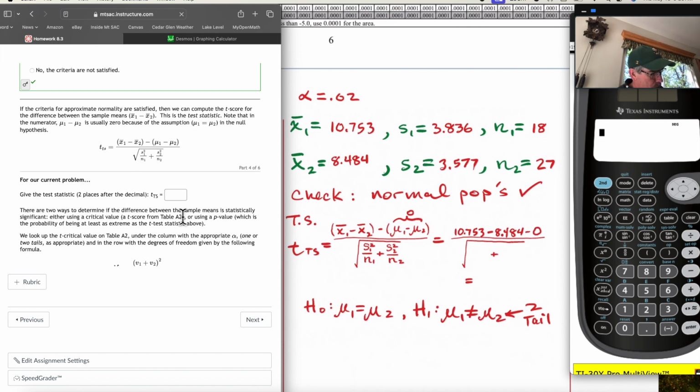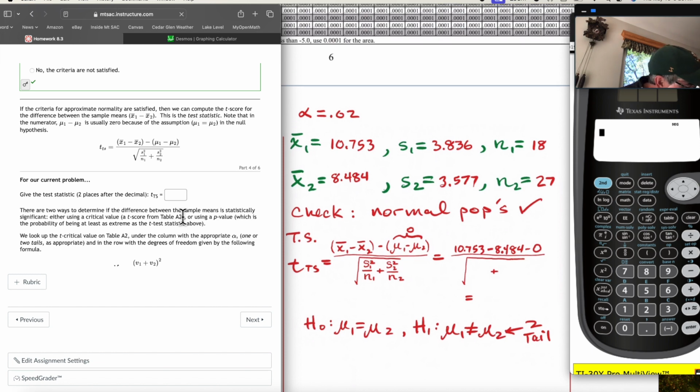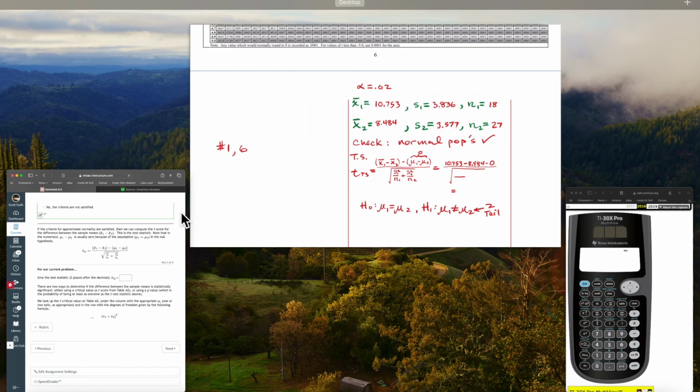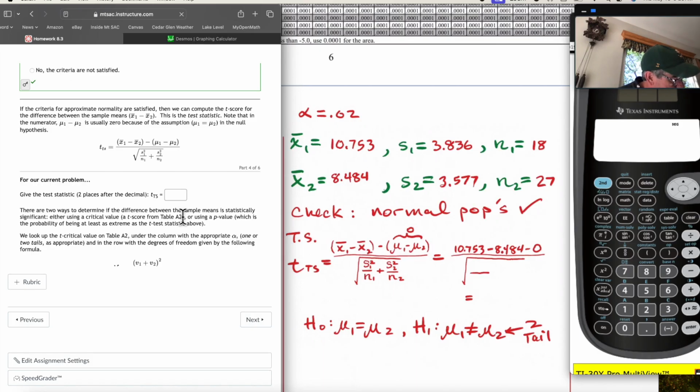Then we need the standard deviations down below. Our first standard deviation is 3.836.